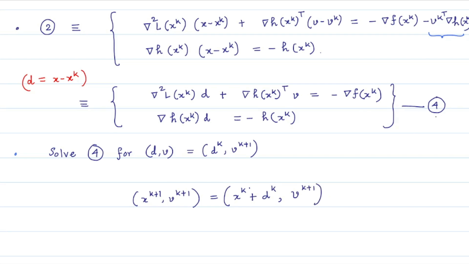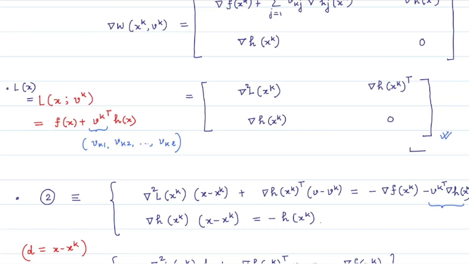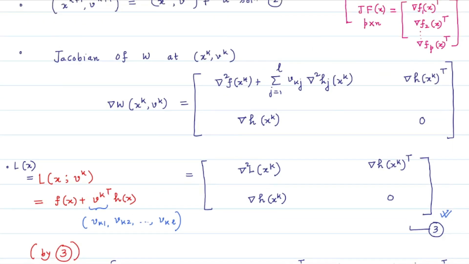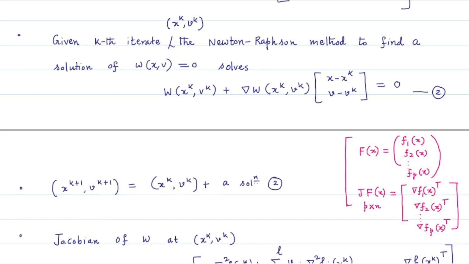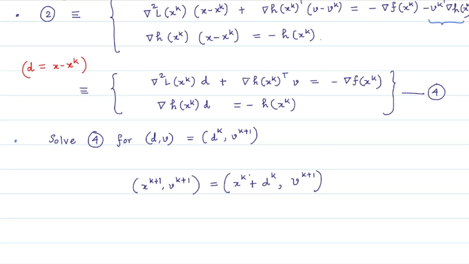We have named this system as 4, and here let us denote this Jacobian as the expression 3. With the help of the expression 3, we have found that the system of equations in this system 2 can be written as the system 4, and by solving the system 4, the next iterative point (xk+1, vk+1) is identified.